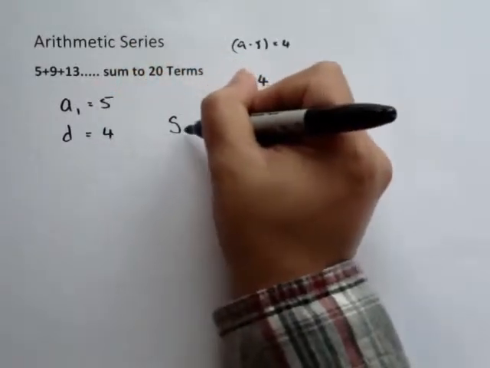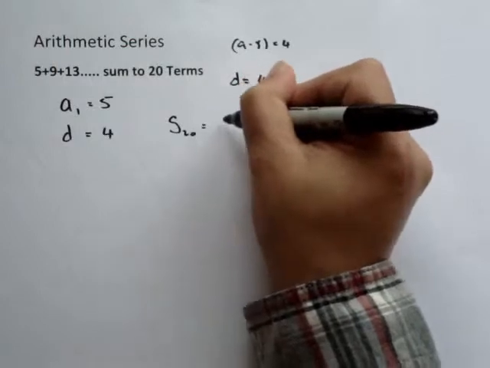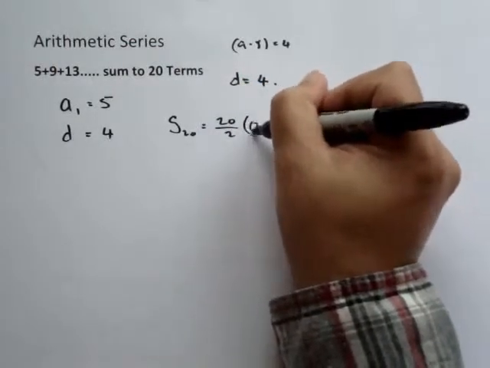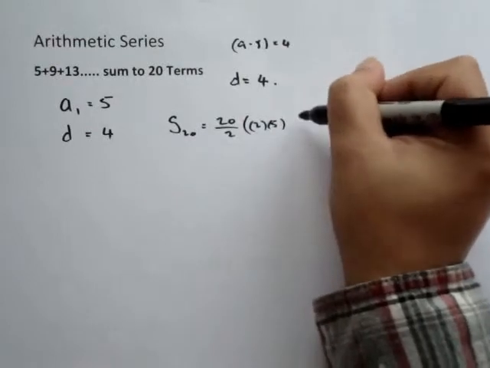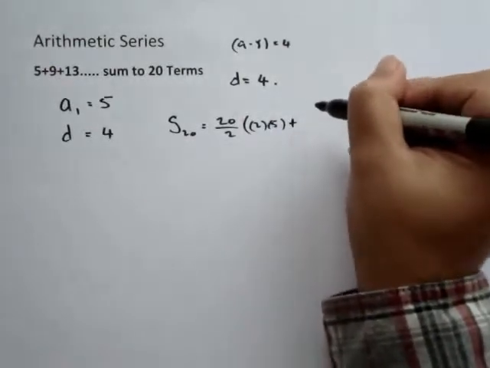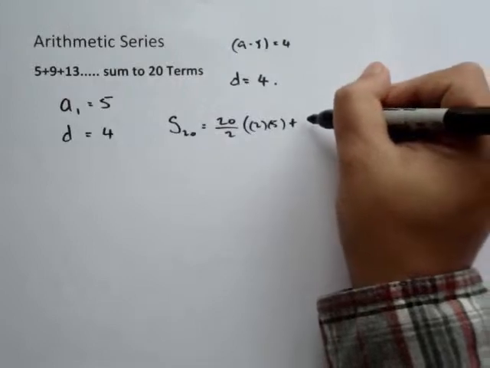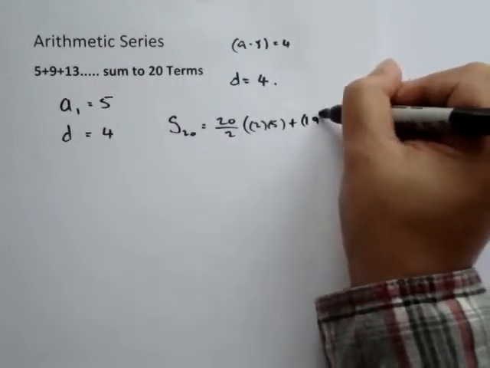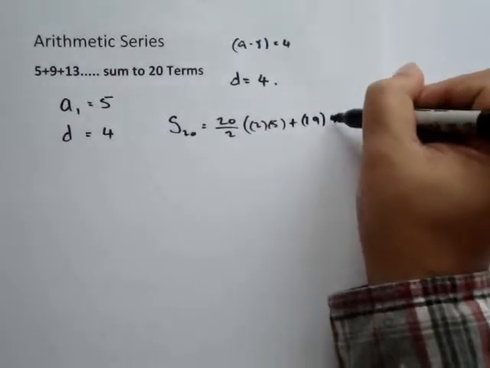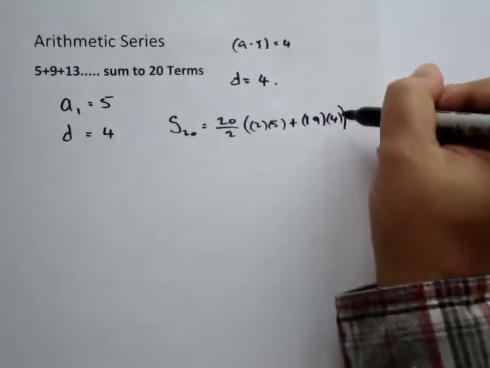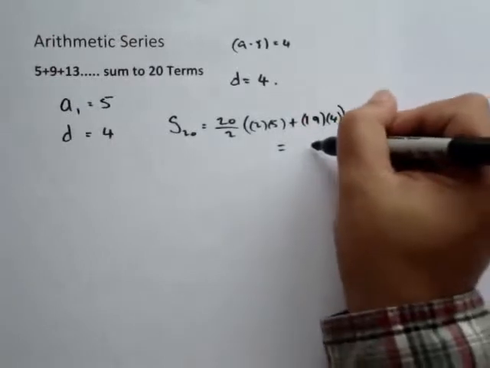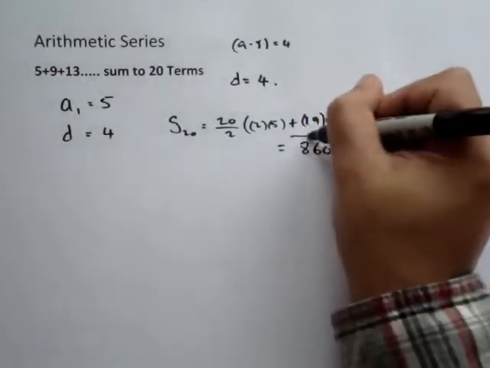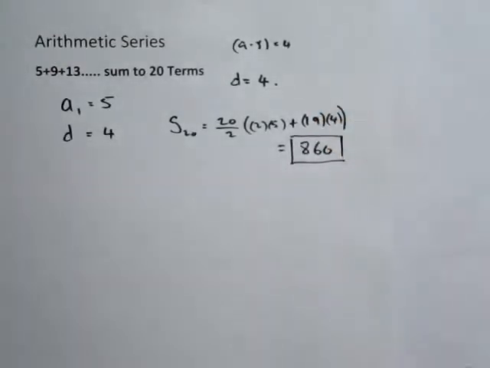So the sum to 20 terms is 20 divided by 2, 2 multiplied by 5, plus n minus 1, which is 19, and we multiply that by the common difference, which is 4. And this, when we work it out, gives us 860. And that is your answer.